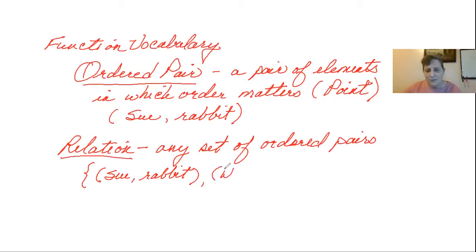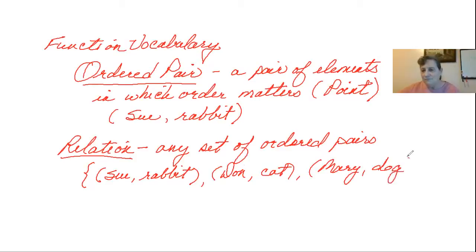So let's add a couple more. What about Don, cat, and Mary, dog? So now this is a relation. Notice we don't have any numbers yet.